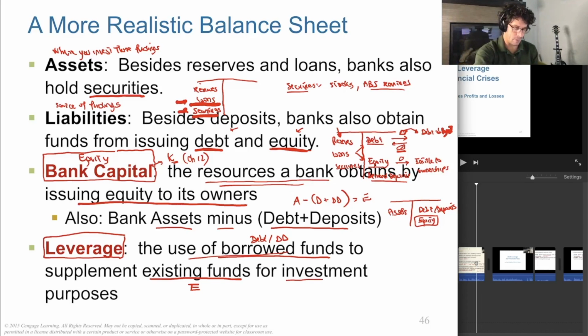For investment purposes means these are the assets. So the idea is that a bank like Chase can finance its assets, its form of investment, by using equity, securities that give ownership, but also debt and demand deposits.